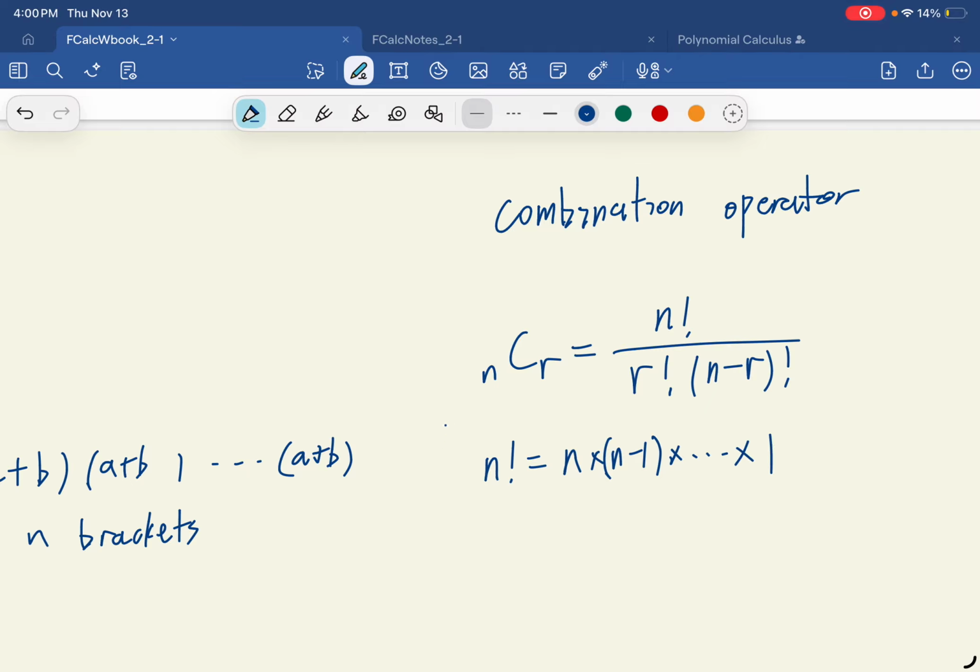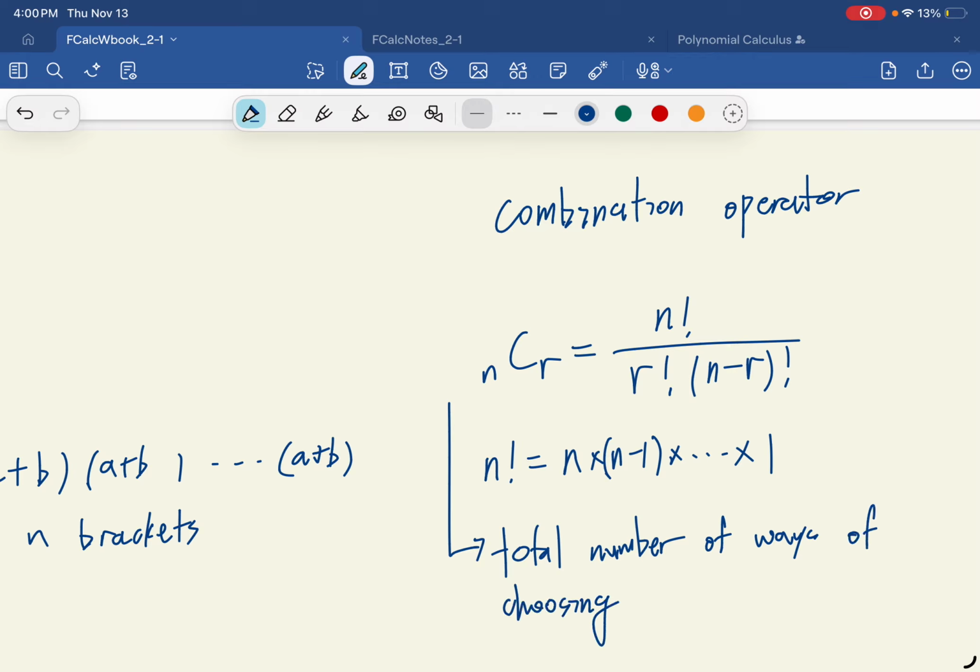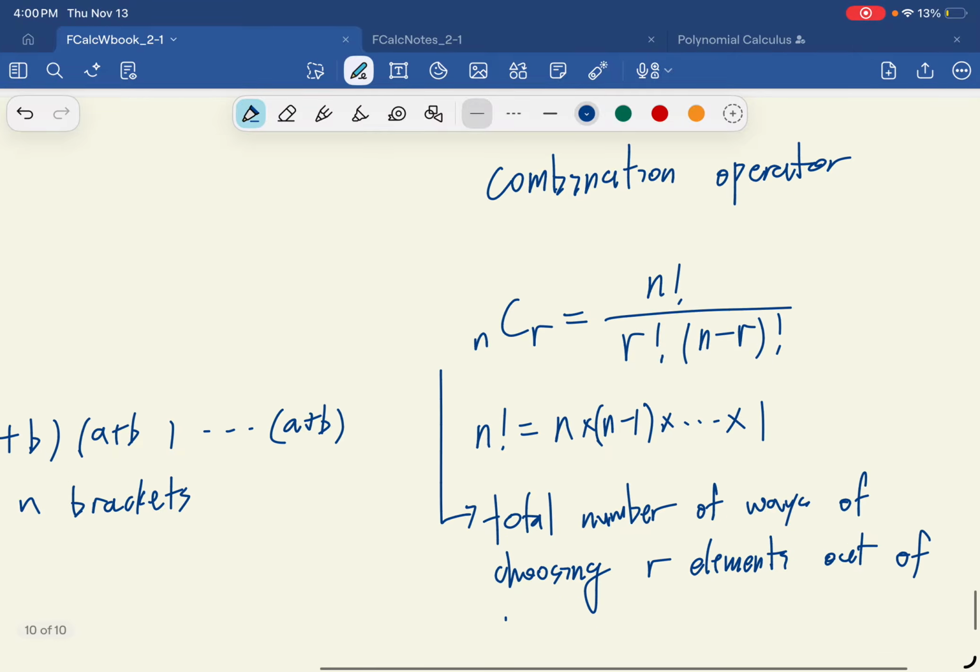So this gives you the possible total number of ways of choosing r elements out of n elements without considering order.